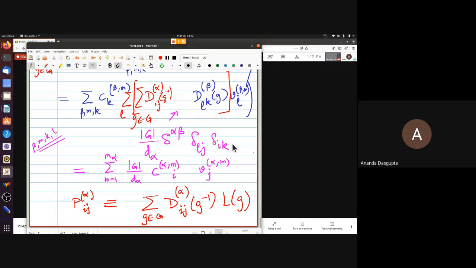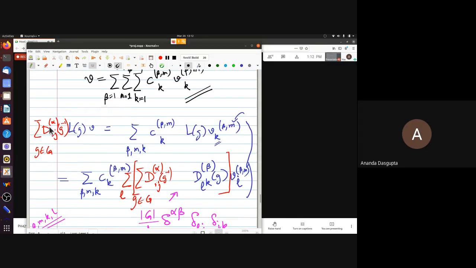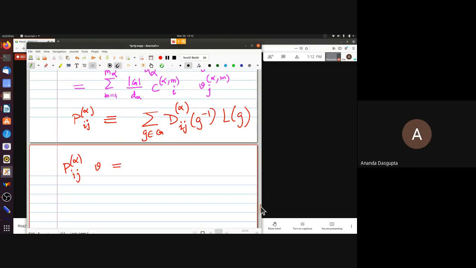Why am I calling this a projection operator? So what does it do? Let's see. Acting on the vector V, which is of course what you calculated here, this is the P alpha ij acting on the vector V. What you're going to get is mod G by D alpha times the sum.